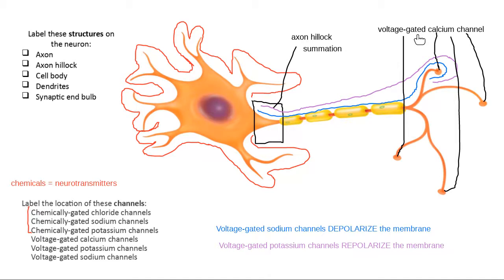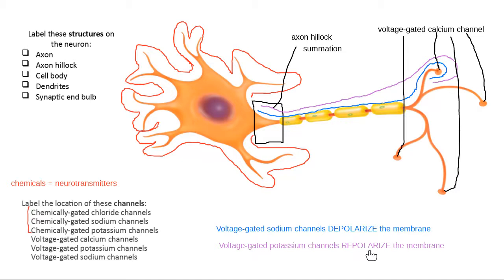But the hint that I gave my friends via email, and that I'm going to give to you as well: for a voltage-gated calcium channel to open, I have to have the types of channels that help me to depolarize and repolarize the membrane.